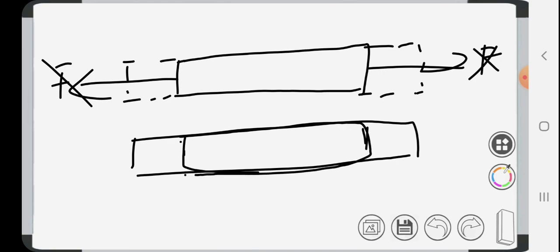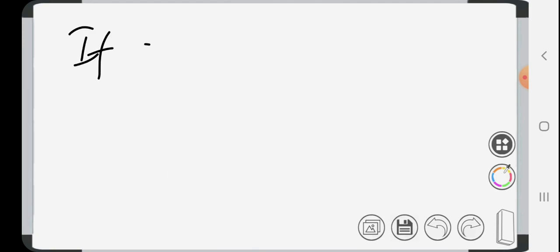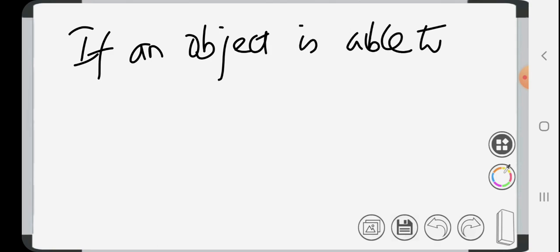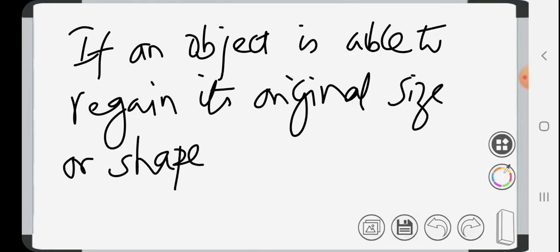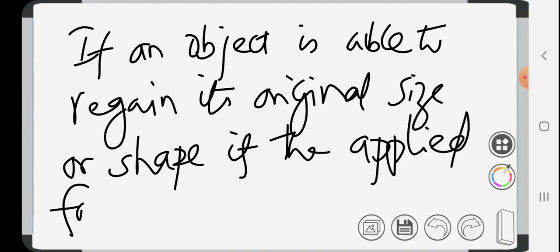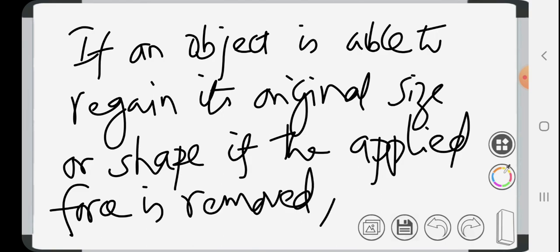So that is what elasticity means. If an object is able to regain its original size or shape if the applied force is removed, then the object is said to be elastic.